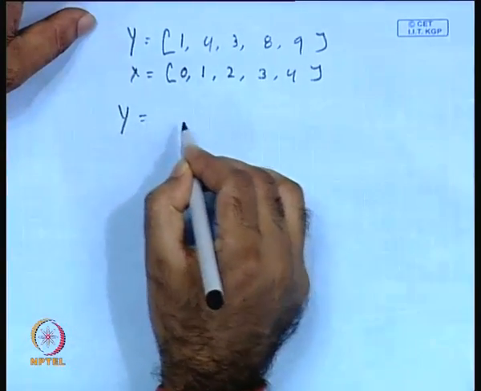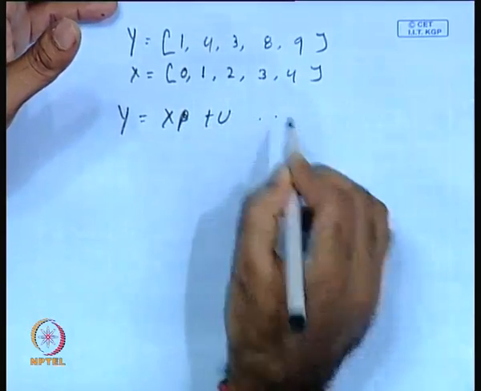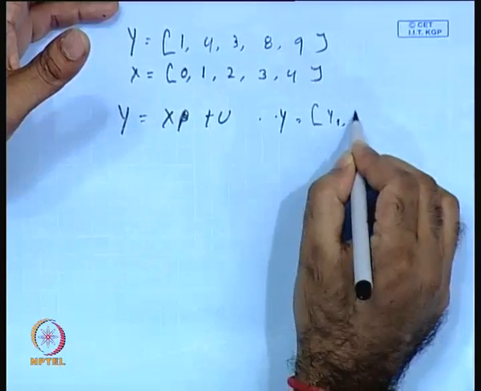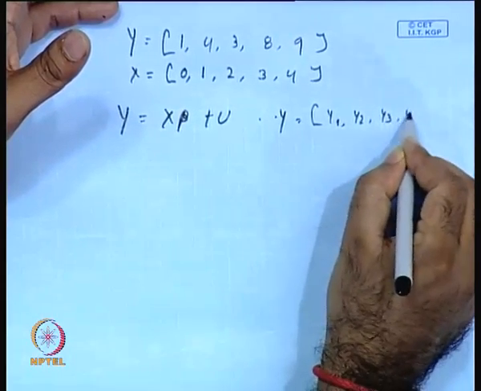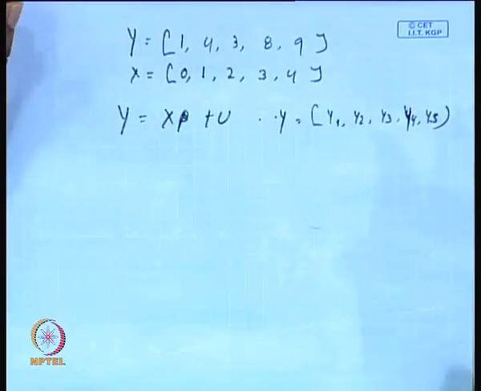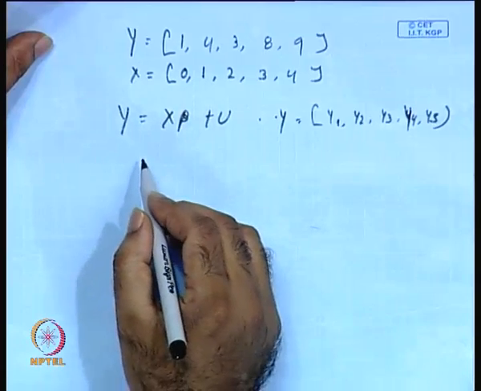Let us assume that our simple model is y equal to X beta plus u, where y consists of y1, y2, y3, y4 and y5. This structure can be represented like this.